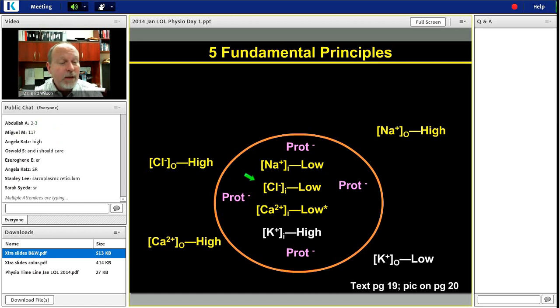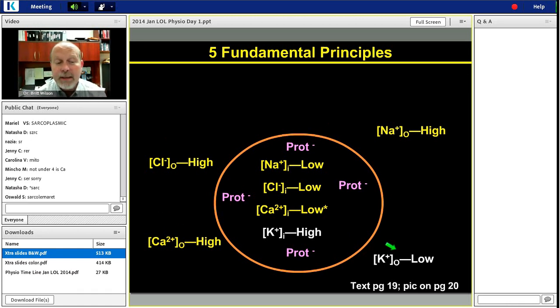Yeah, the sarcoplasmic reticulum has a lot of calcium. We're not talking about that calcium. We're talking about the free cytosolic calcium. It is very low compared to calcium outside. So notice, sodium, chloride, calcium, all much higher outside than inside.